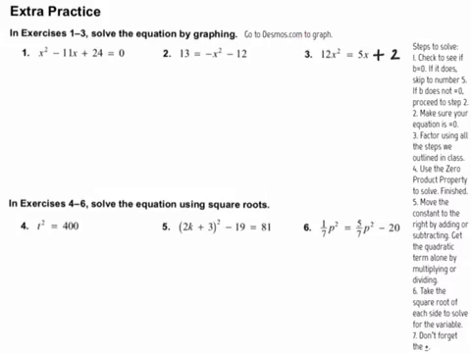You'll click the red button that says Start Graphing, and then in the box that's labeled 1, you'll type x, then hit the squared button, then minus 11x plus 24. And you do not have to enter the equal 0. You can enter the equal 0 if you want, but you don't have to. And you're going to look at that graph, and you're going to find where the graph crosses the x-axis.